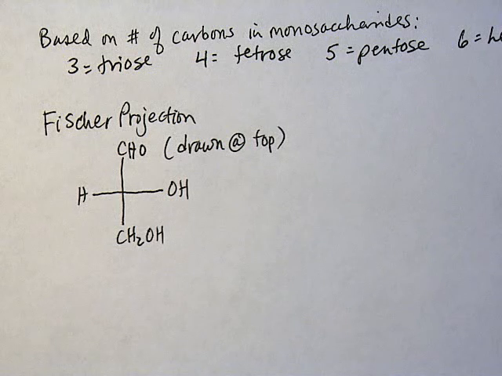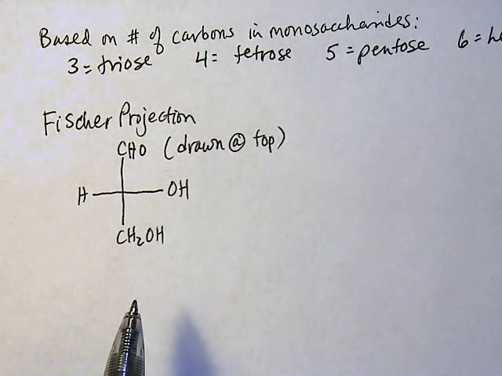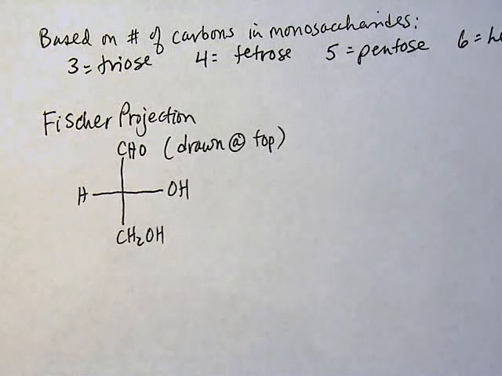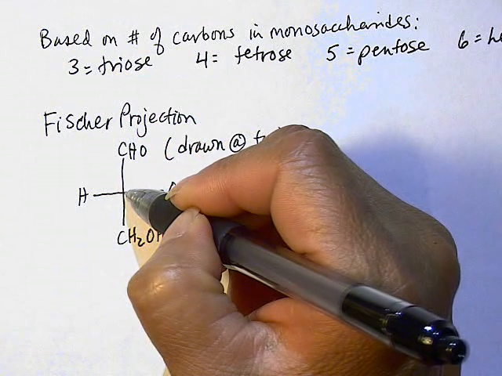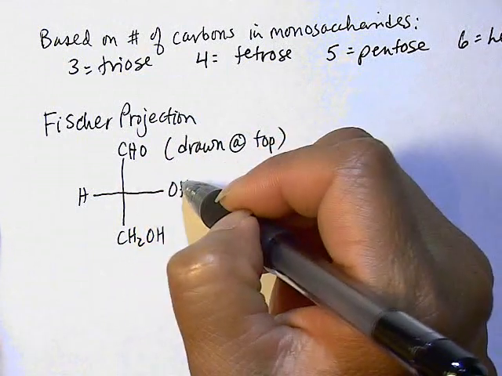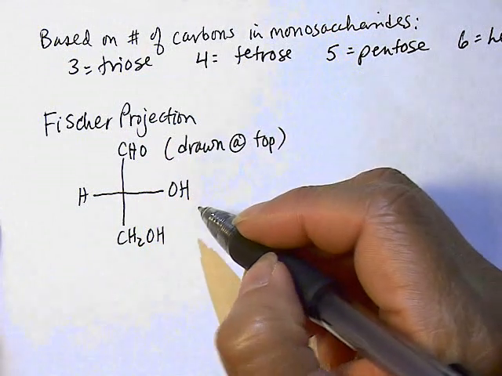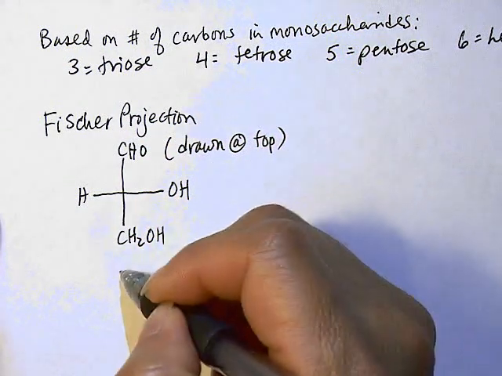All right. So by convention, what has happened is that they looked at the Fischer projection of the D-glyceraldehyde that's naturally occurring, which is what is drawn here, and looked at the chiral center here, and they determined that when the OH is on the right hand side, they gave that designation as D sugars.